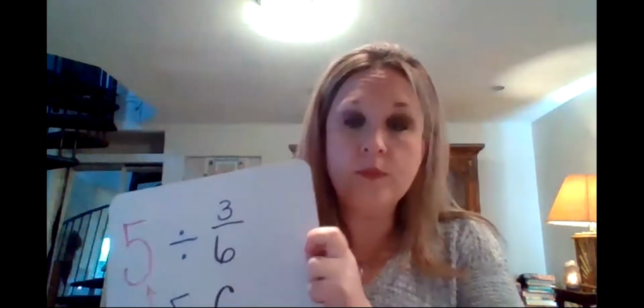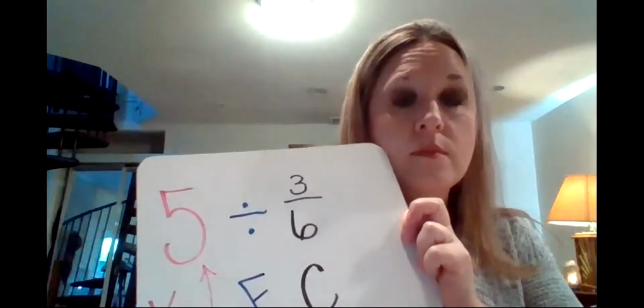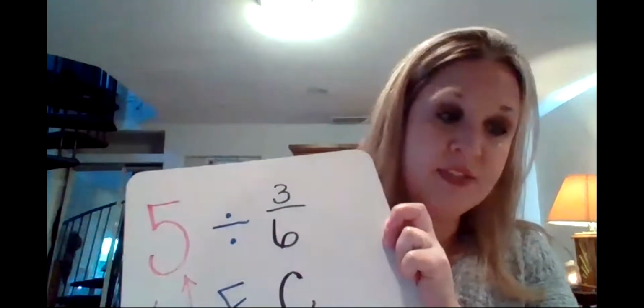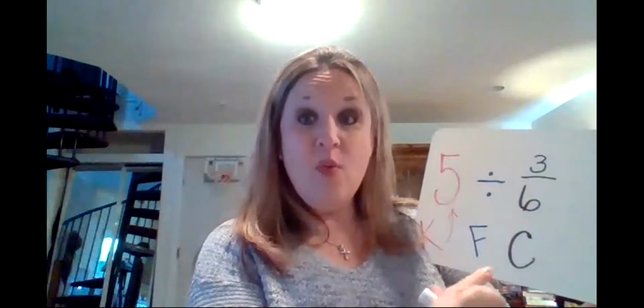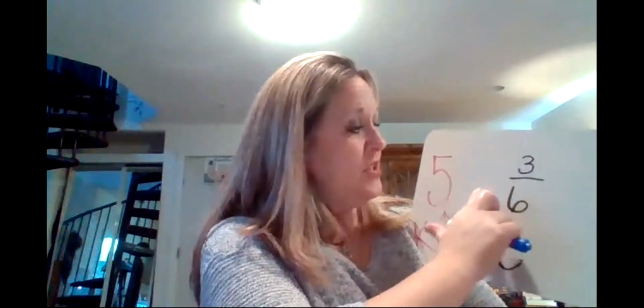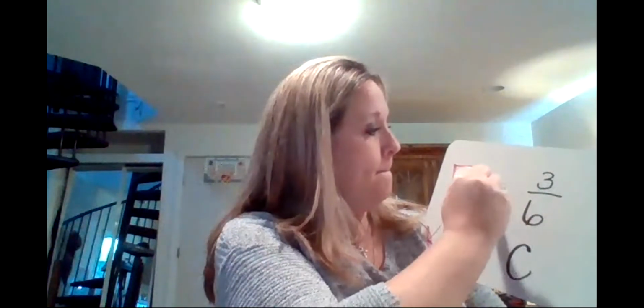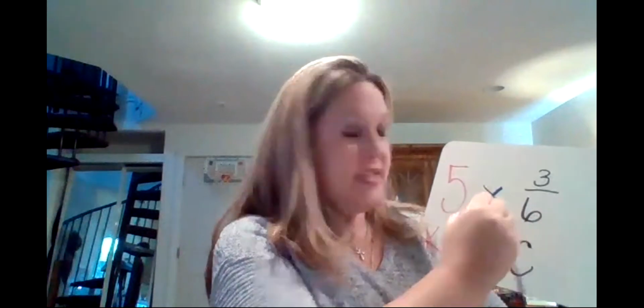Now, what does the F stand for again? Flip. That's right, multiplication. It stands for flip. What that means is I'm going to take my division symbol and I'm going to flip it to a multiplication symbol. Okay, so that's the F in the KFC.